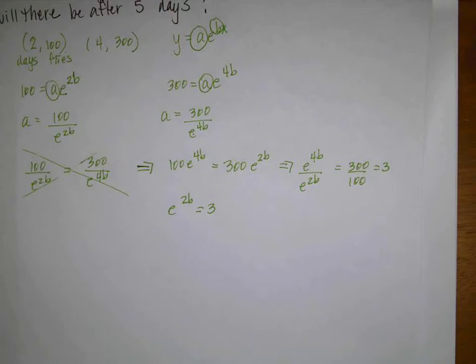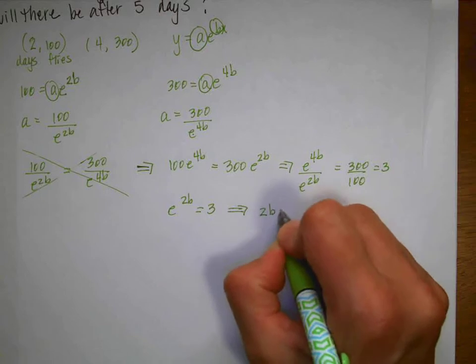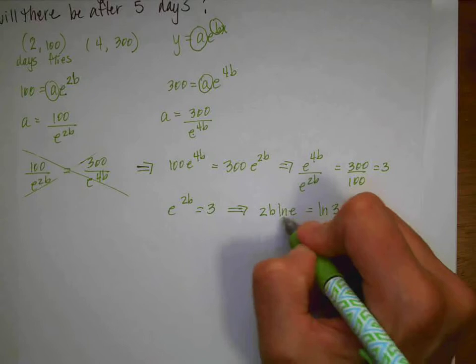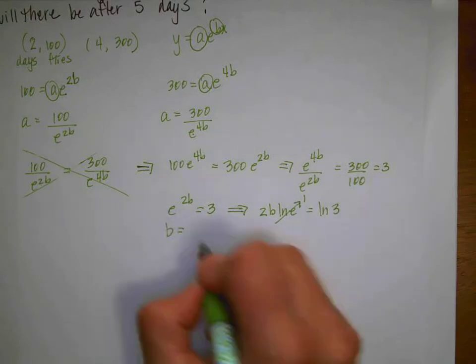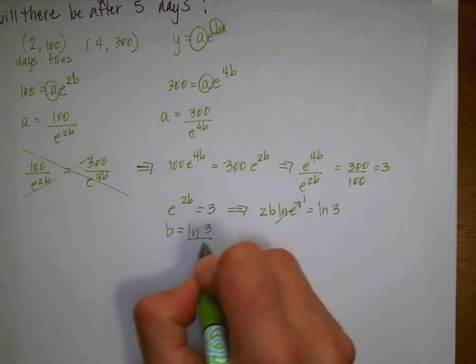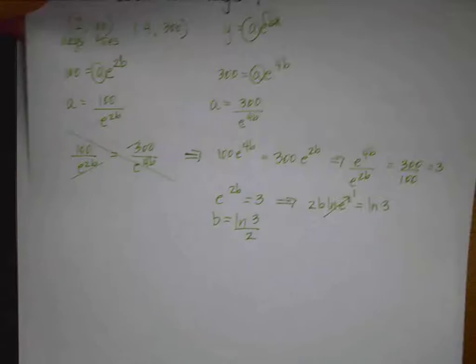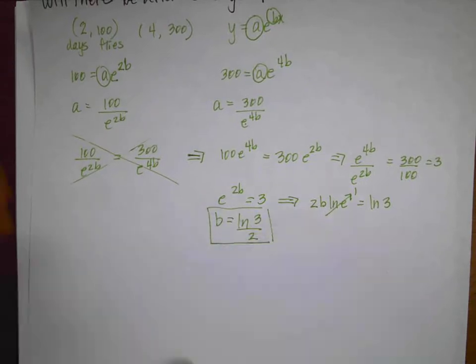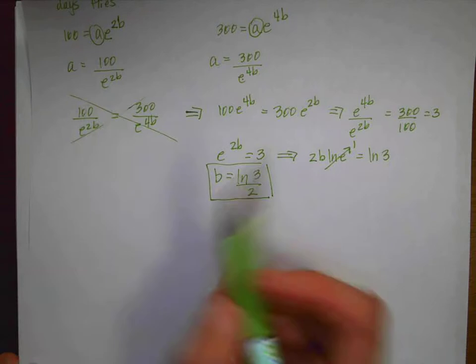Well, because I know how to do math with logs, I can take the log of both sides. So I'm going to get 2b natural log e is the natural log of 3. The natural log of e is 1. So b is going to equal the natural log of 3 divided by 2. And at this point, I'm just going to leave it like that because my answer will be more precise if I don't get a decimal equivalent, and I'm going to put a box around it so I can find that later.